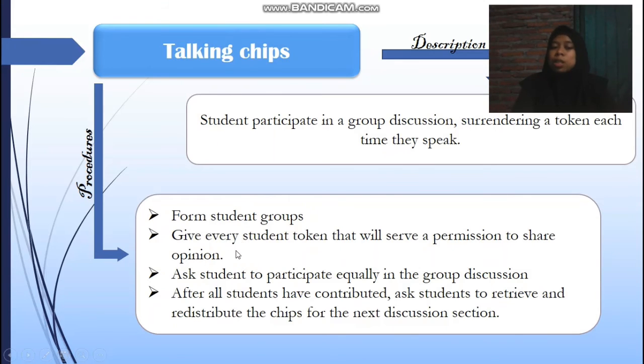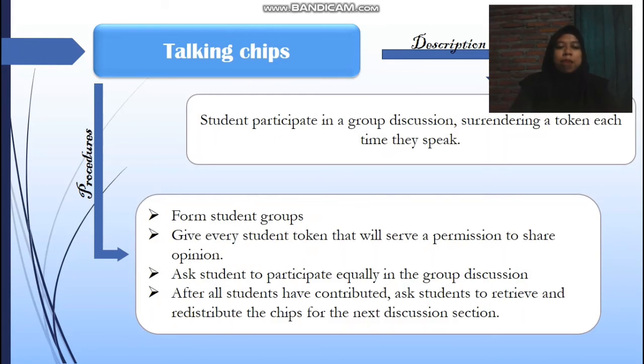So the teacher also has to explain the rules of this strategy, of this technique. And the next is ask students to participate equally in a group discussion. So every student will have the same opportunity to share their thoughts.